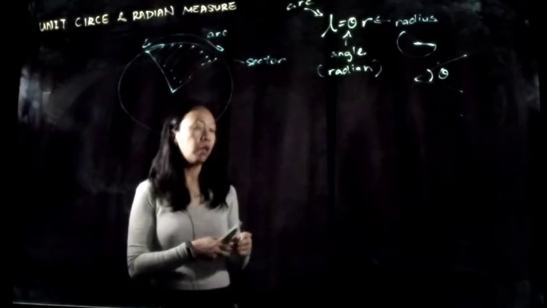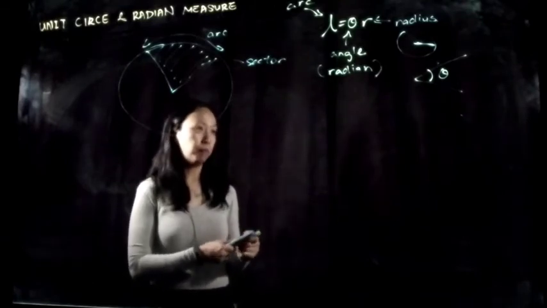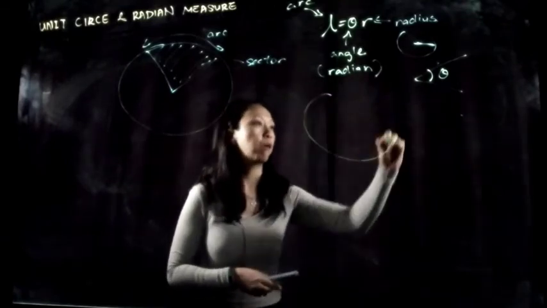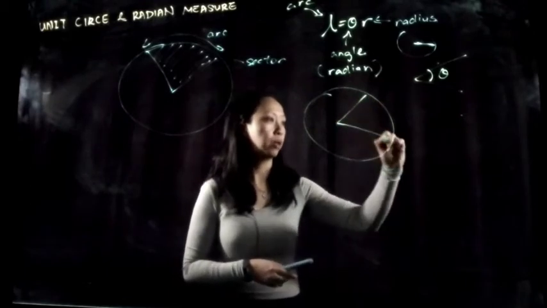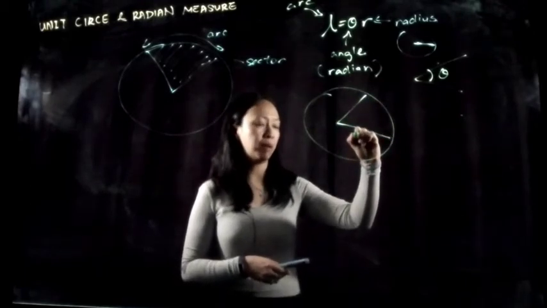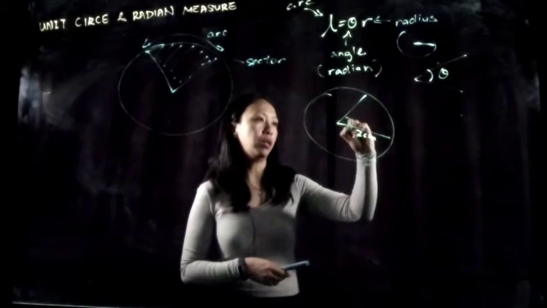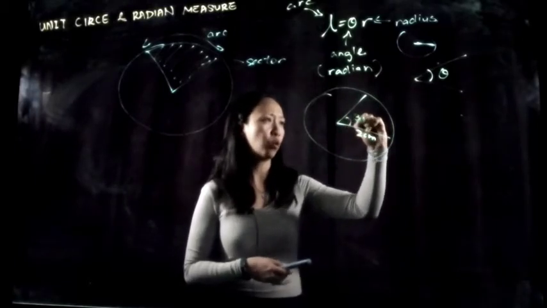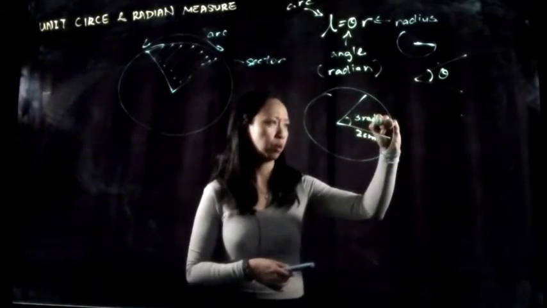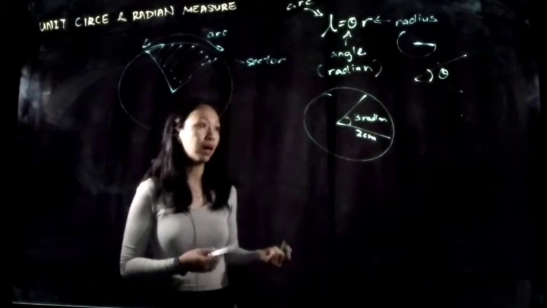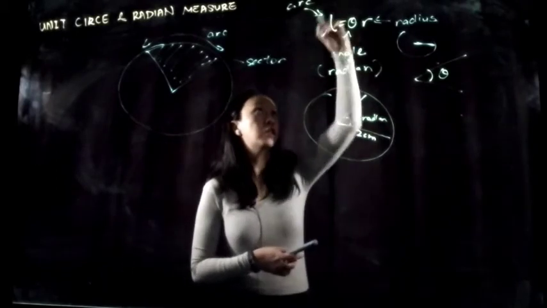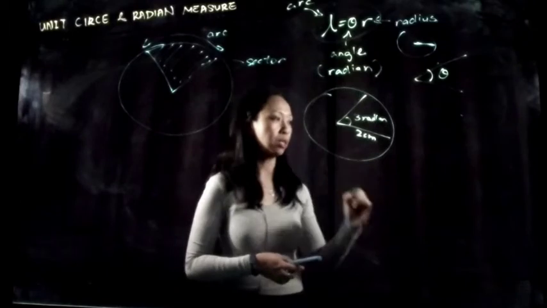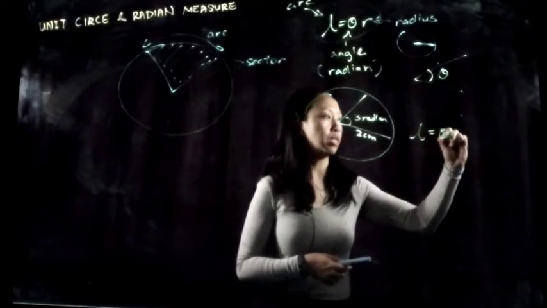For example, if one question is given, we have a circle and your radius is maybe 2 centimeters and your angle is maybe 3 radian. How do we calculate the arc length? We use the formula that we learned just now. L equals theta r.